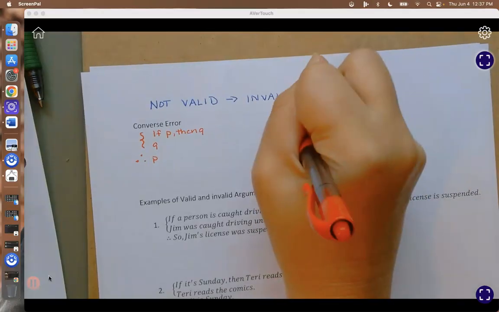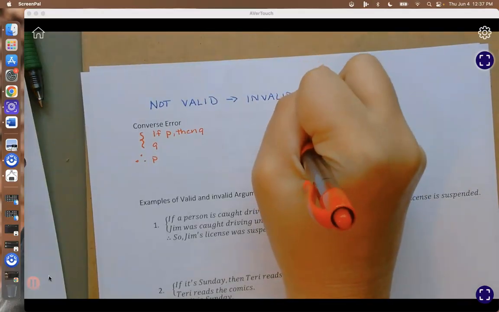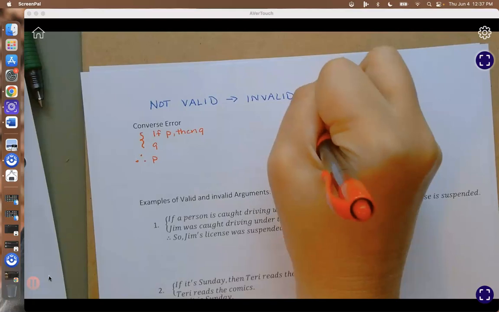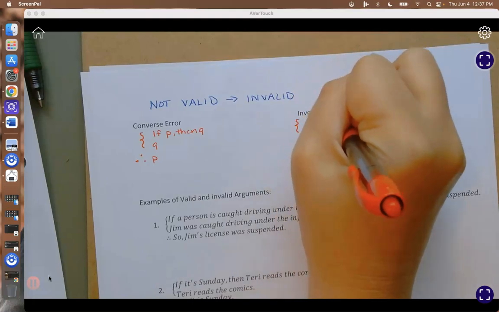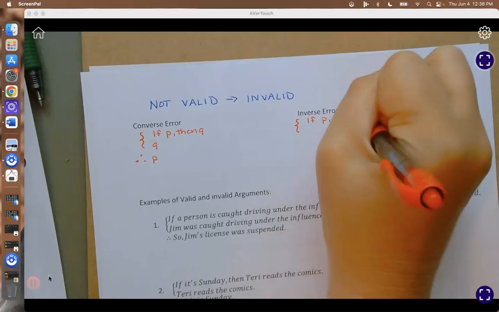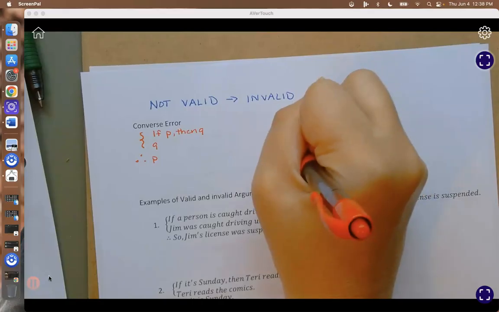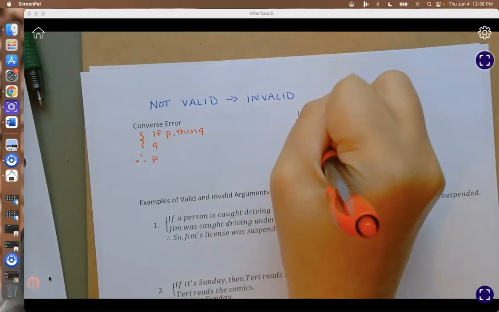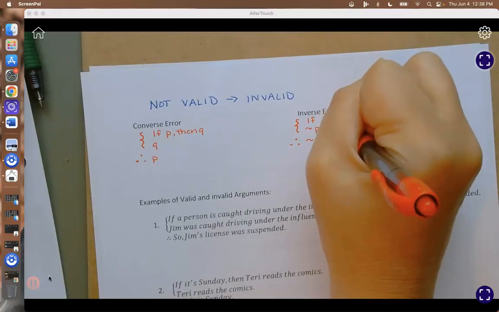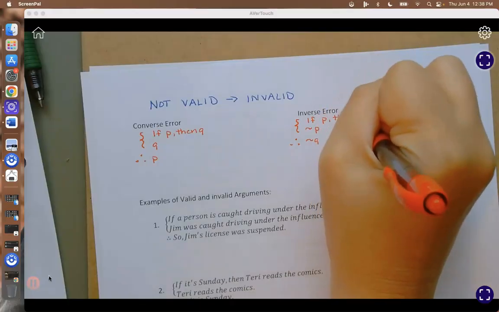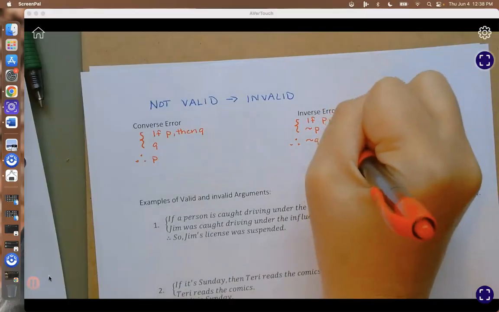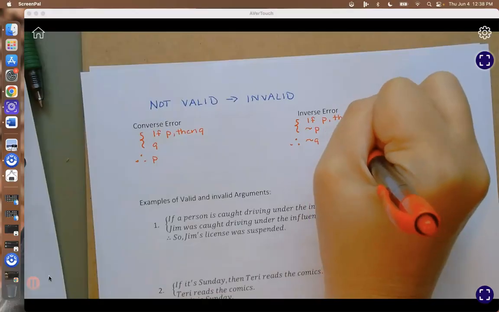If they kept them in the same order but put "nots" on them, that's an error. That makes it invalid. So you do not P, not Q. And you need to put over here that this is not P and this is not Q.